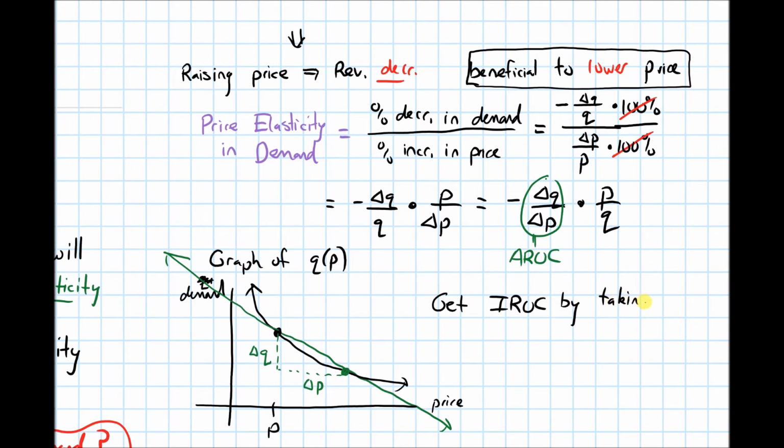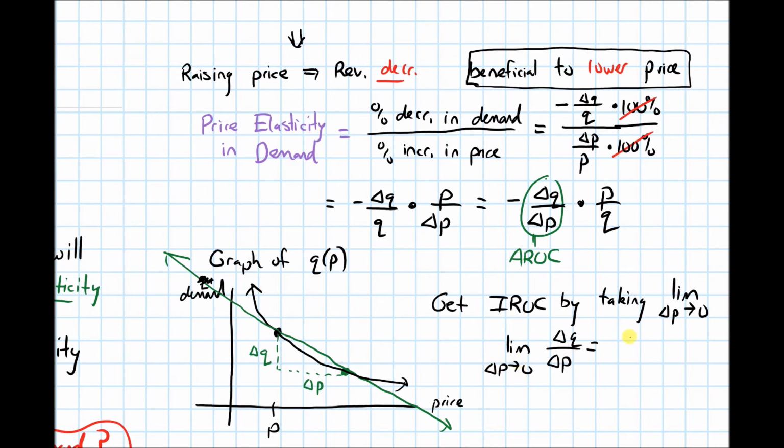So the change in P is kind of like my h, if we remember back to the definition of the derivative. So when we do that, we'll end up taking the limit as the change in P goes to 0 of change in Q over change in P. And when you take the limit and you actually let delta P go to 0, you'll get a derivative. It'll be the derivative of Q with respect to the variable P.